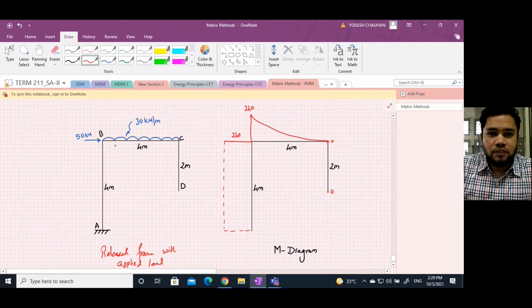In addition to this, there will be a moment due to this 50 kilonewton load. At A, the moment will be 50 into 4, that is 200, and its variation will be linear because it is a point load.